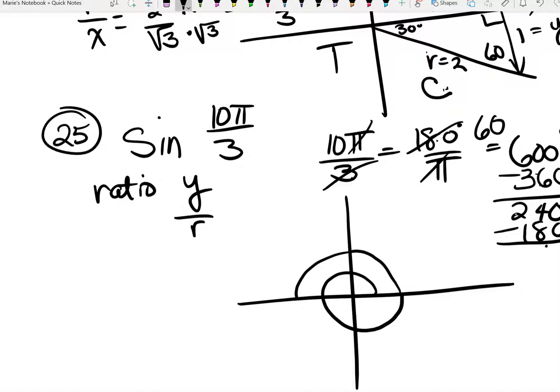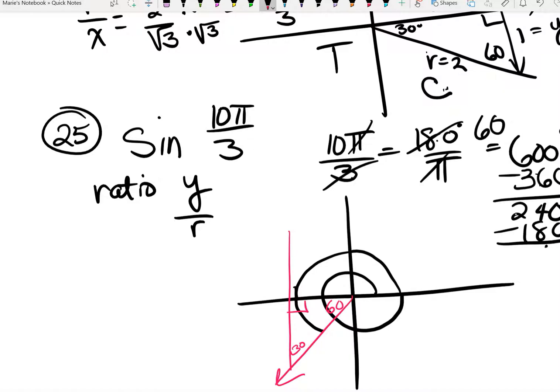So this puts me at 60 degrees, so come in 60 degrees here, and there's your terminal side. So if this is 60, this is 30, that's 90, okay?